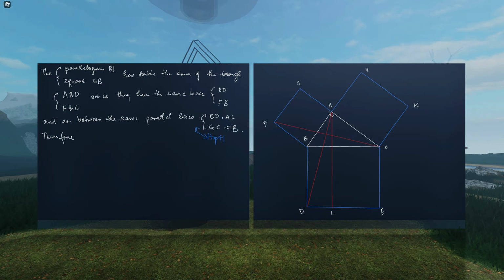So therefore, the square GB and the parallelogram BL are equal to double the area of the same triangle, right? The areas of BL and GB are equal to double the area of congruent triangles, or the same triangle, equal triangles.